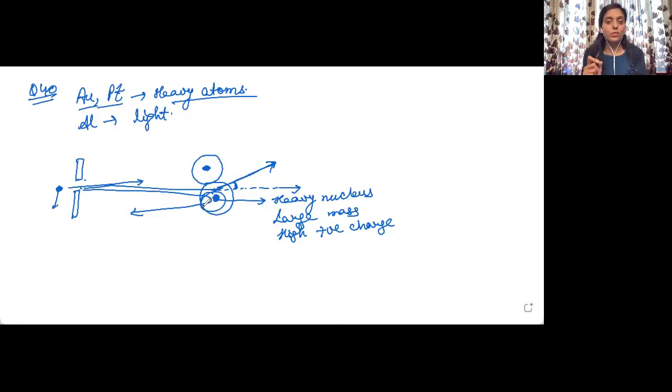Now if it is very small, it will become difficult to detect these alpha particles which are showing this behavior. If the number of alpha particles showing this behavior decreases, the observations will be difficult. So, the building of the results will be difficult. So this is the simple reason why heavy atoms are used, not the light atoms.